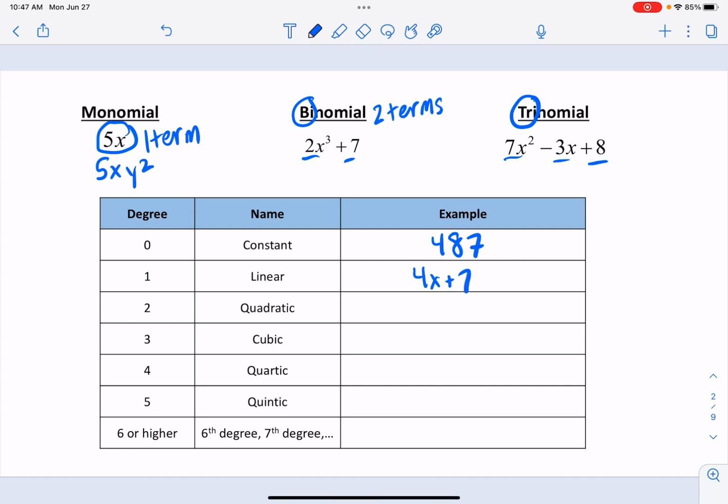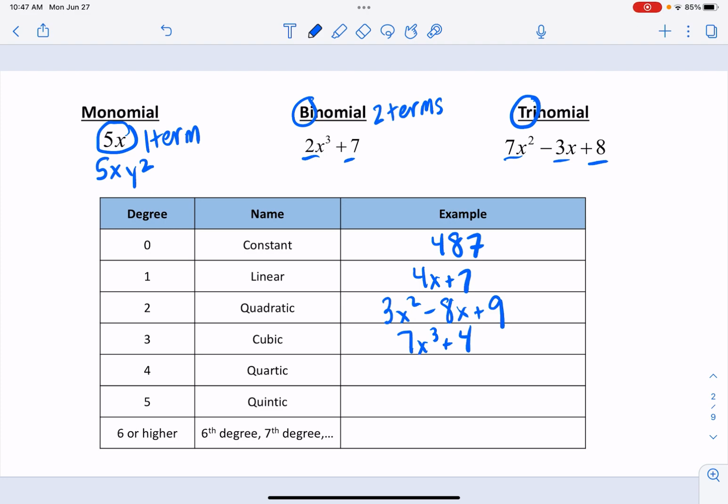If your highest degree is 2, 3x squared minus 8x plus 9, that's going to be a quadratic. It doesn't have to be 3 terms. I just wanted to add in 3 terms there. If the degree is 3, it's a cubic: 7x cubed plus 4.